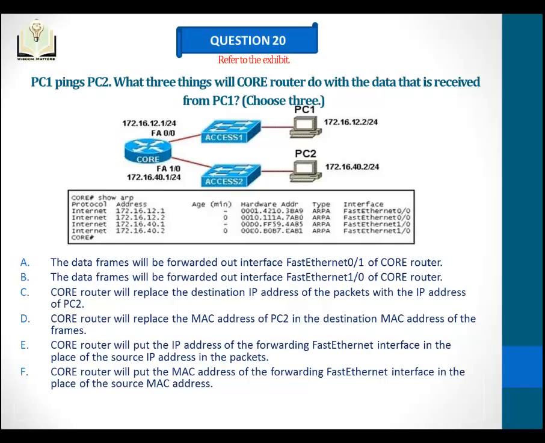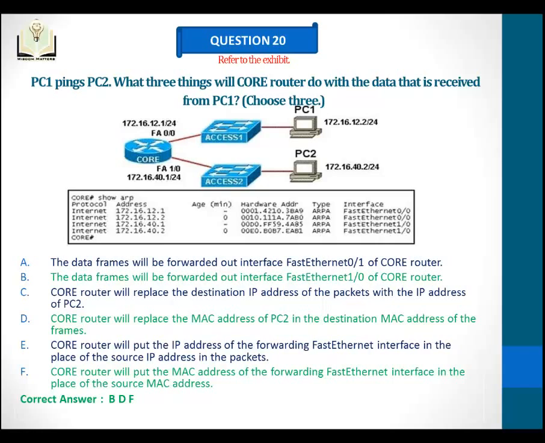C, the core router will replace the destination IP addresses of the packets with the IP address of PC2. D, the core router will replace the MAC address of PC2 in the destination MAC address of the frames. E, the core router will put the IP address of the forwarding FastEthernet interface in the place of the source IP address in the packets. F, the core router will put the MAC address of the forwarding FastEthernet interface in the place of the source MAC address. And the answer is B.